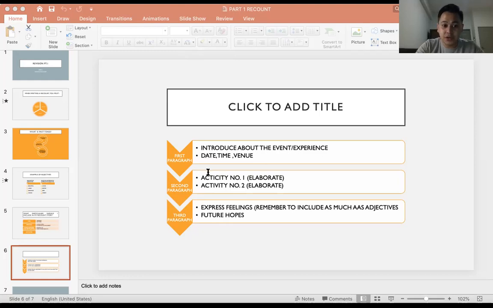We have three important elements here, as I told you: the particulars, time, date, and venue. The venue, of course, is your school, so please state your school name, SMK Bintulu. Then state the activities carried out. What are the activities during Teachers' Day? And then please express your feelings on that day, using the adjectives that I have presented earlier.